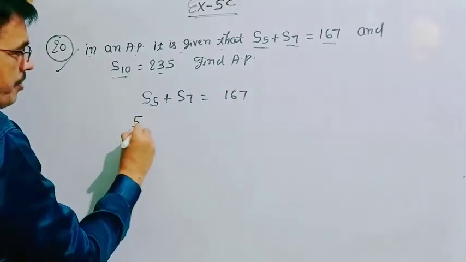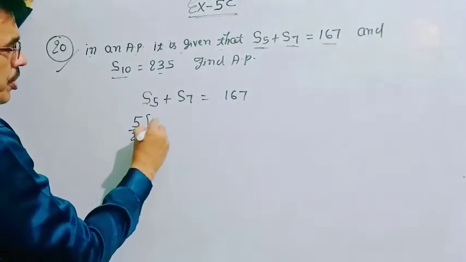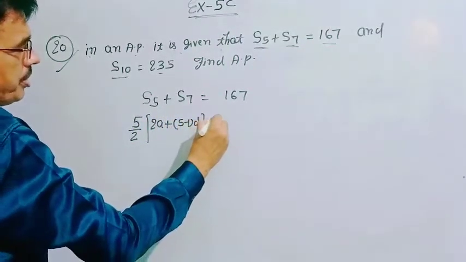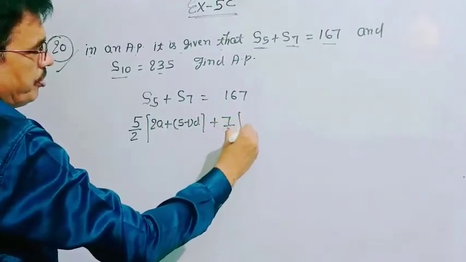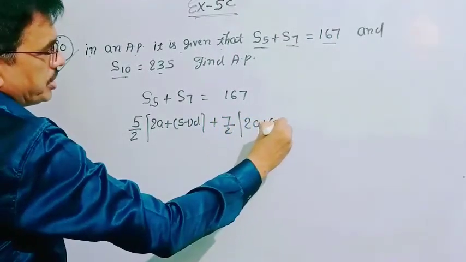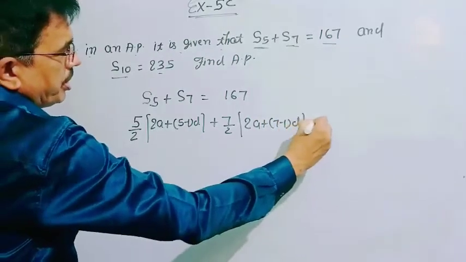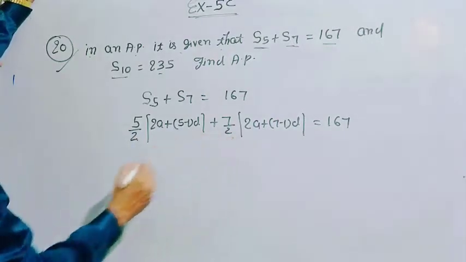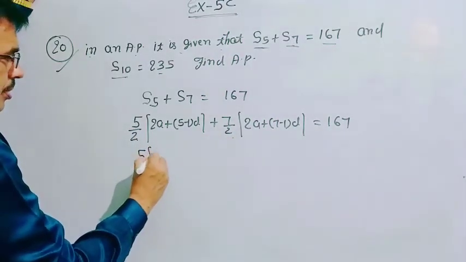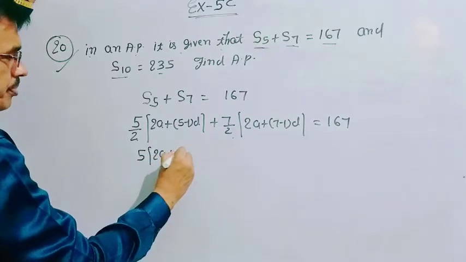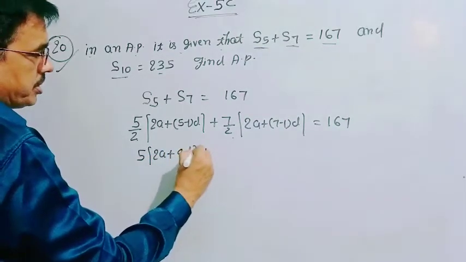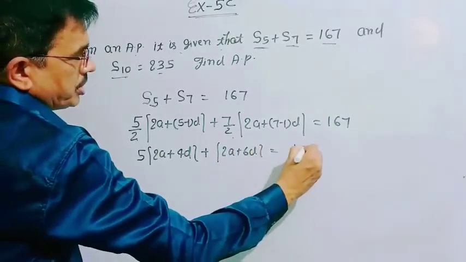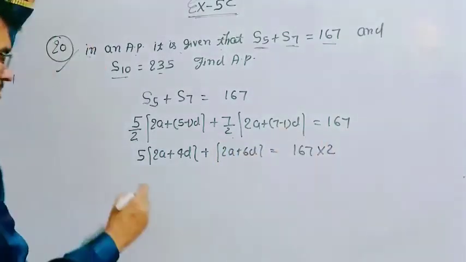Then you write n by 2, 2a plus (5 minus 1) into d, plus again n by 2, 2a plus (7 minus 1) into d, is equal to 167. Here 2 and 2 are common, then write 5(2a plus 4d) plus 2a plus 6d is equal to 167 into 2.